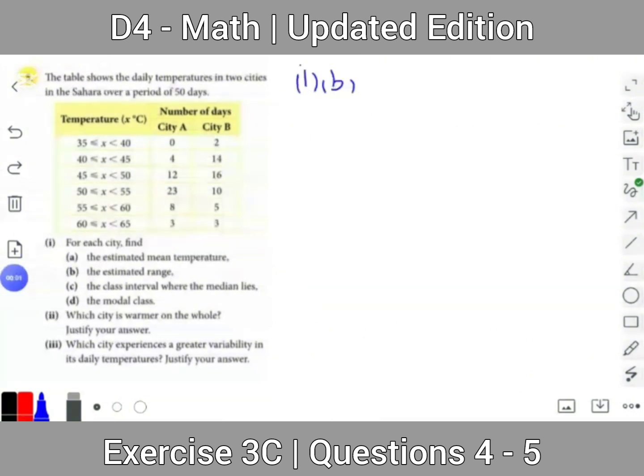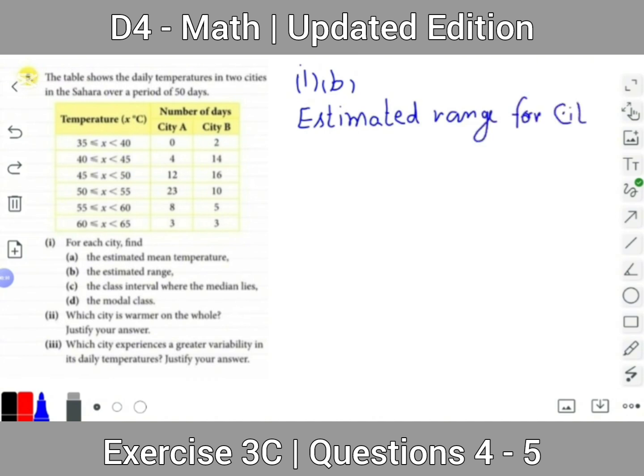Part 1b, we have to find the estimated range for each city. The estimated range for city A can be found out by subtracting the smallest mid value from the highest mid value.